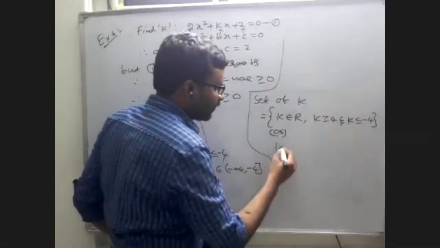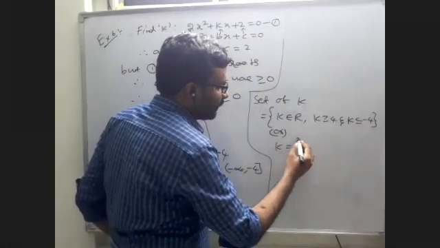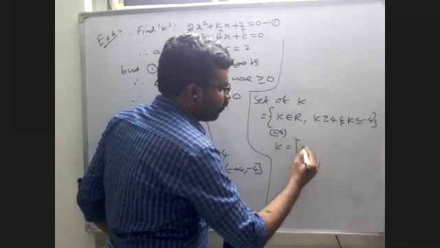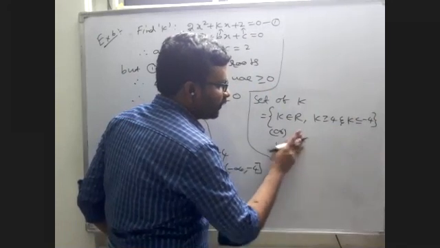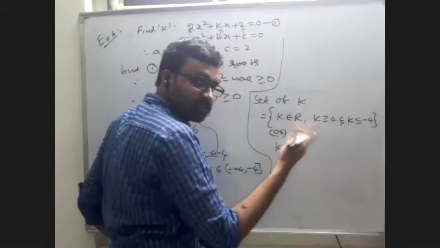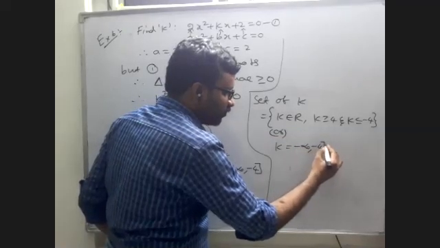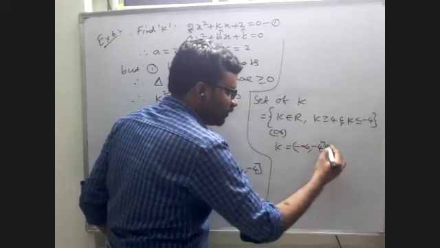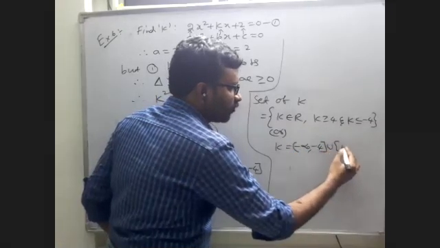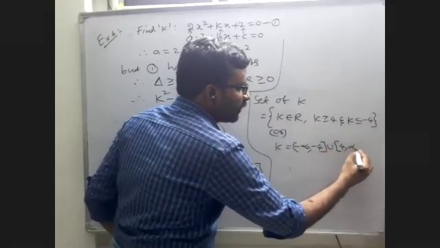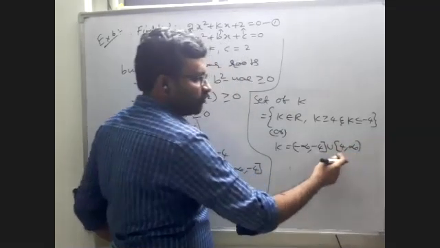Thus we can write k equal to, first I am writing the negative one, minus 4. k less than or equal to minus 4, minus infinity to minus 4. This is closed, this is open. Union 4 to infinity, infinity open again, 4 closed. Why?